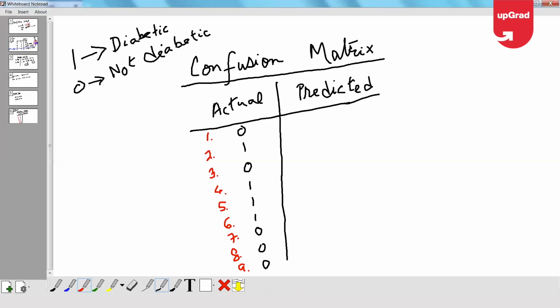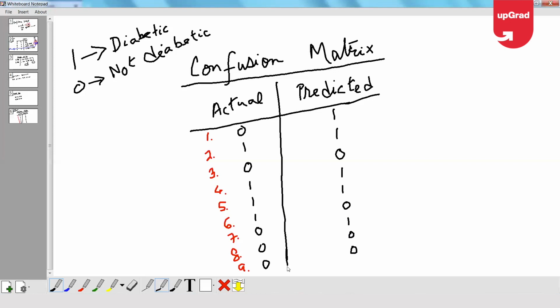Suppose after doing some tests, what tests, don't worry about it right now, you predicted: this is 1, this is 1, this is 0, this is 1, this is 1, this is 0, this is 1, this is 0, and this is 0.